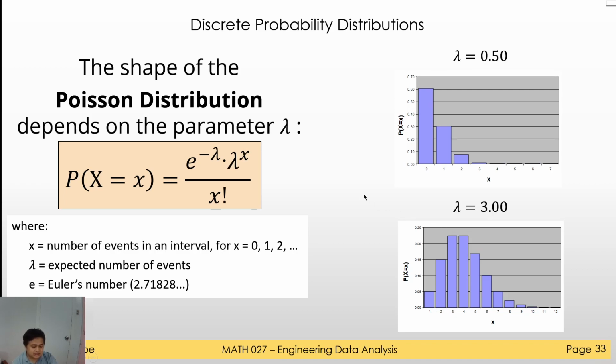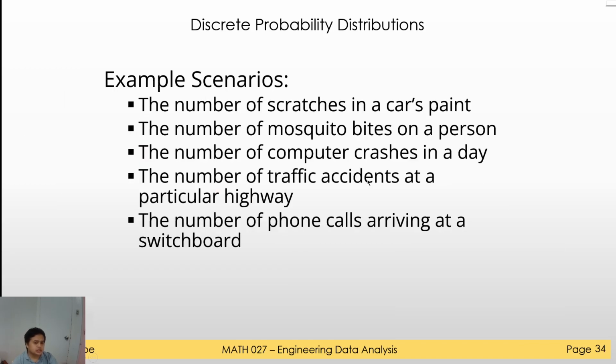Usually I will discuss this later, but the mean of your Poisson distribution will also be your lambda, or the expected number of events. The scenarios where we can use the Poisson distribution are usually when time is continuing to happen.